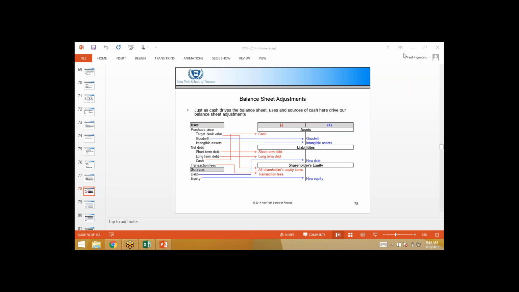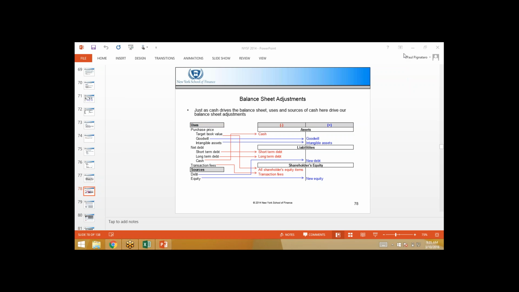Let's look at the uses and sources of cash. Uses come in three categories. What? Tell me. Purchase price, net debt, and fees. And the sources come from, let's keep it simple right now, debt and equity. Okay?